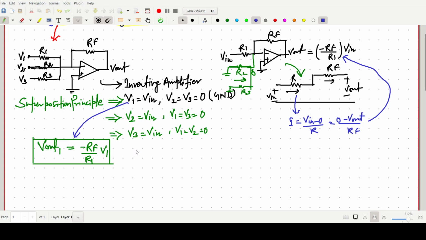Similarly, the second output, that is our v output 2, if we use the same concept as this one, we can write minus Rf by R2 into V2.